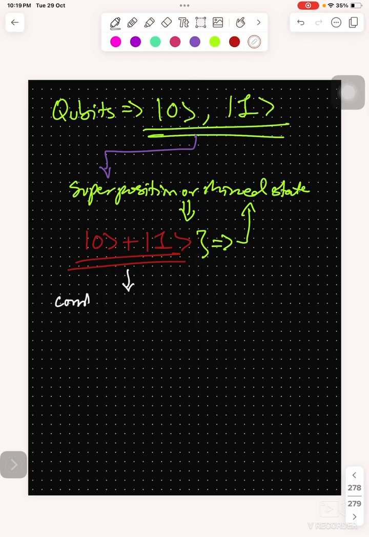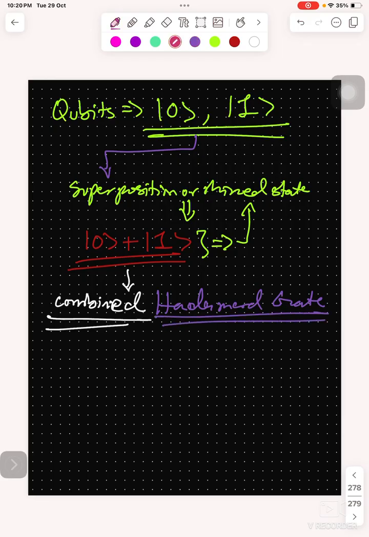We can use a gate as well, as we talked about in a video. The gate which does this is the Hadamard gate. Hadamard gate is 1 by root 2.